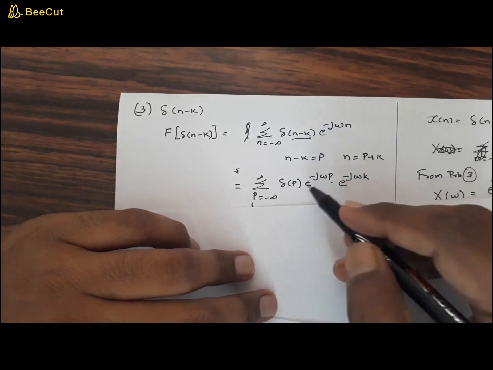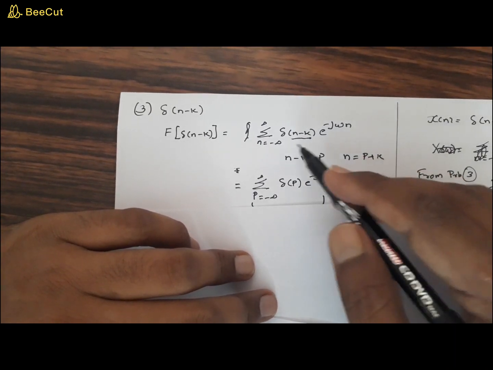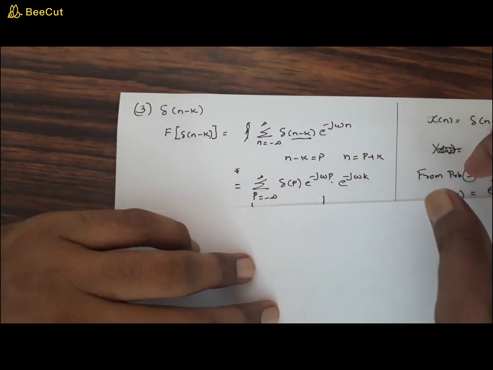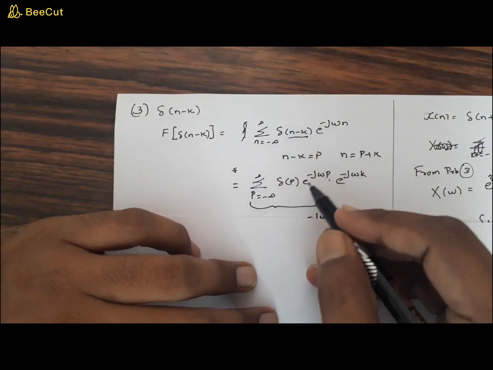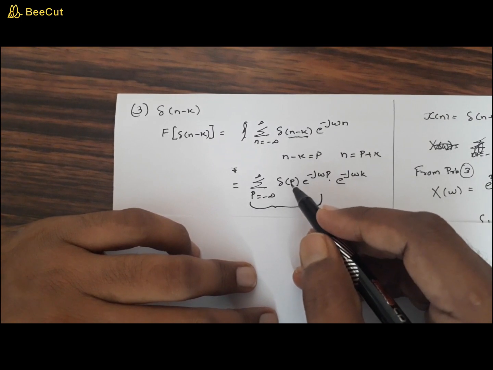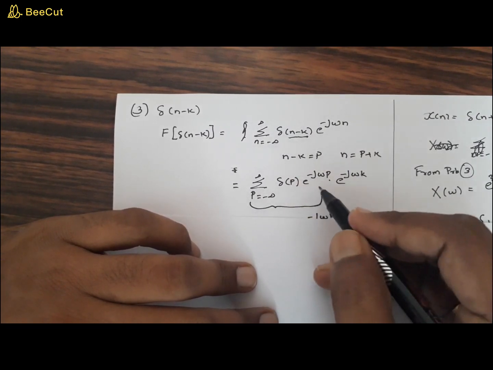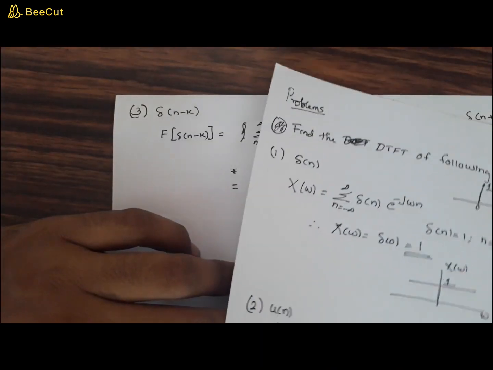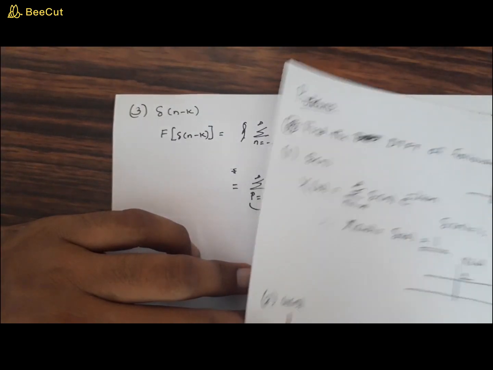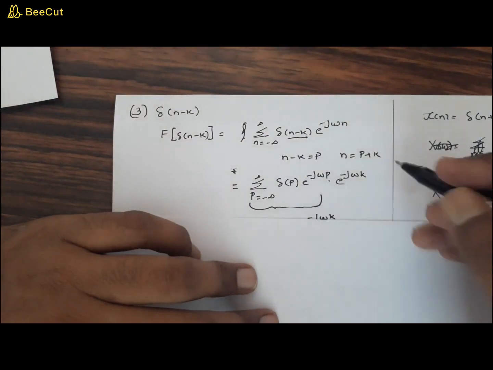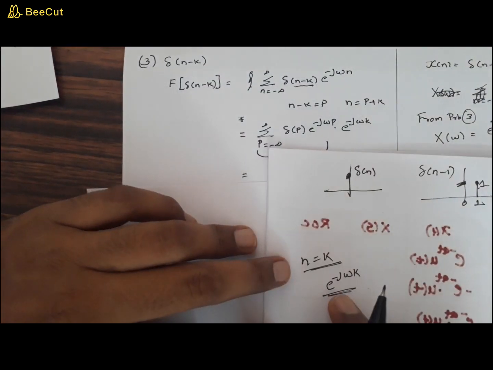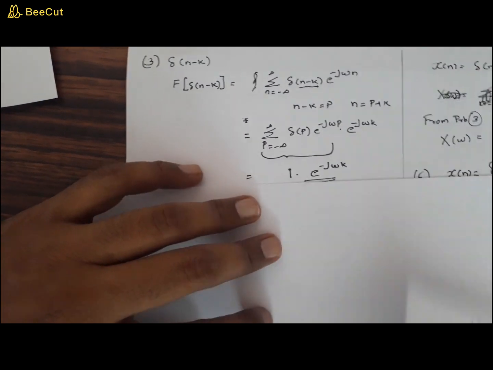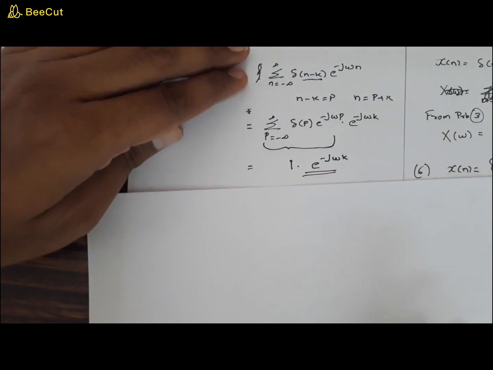If you have doubt, you may just combine this and you will get this. Basically this is del of n into e raised to minus j omega n, with p instead of n. The value of this we have already found out in this example, which is equal to 1. So the result is e raised to minus j omega k. This is what we found out here. So that's about the shifted impulse signal.